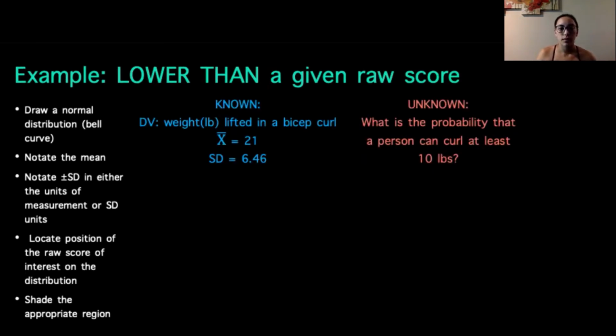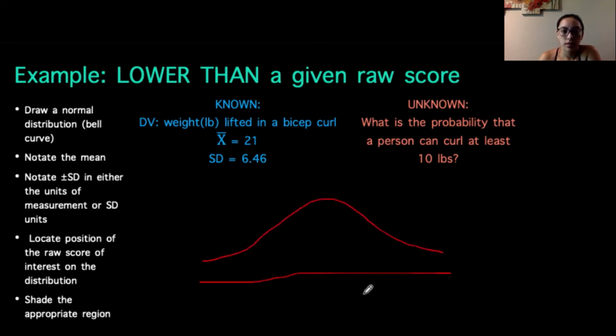For our example of values that exist below or lower than a given raw score, let me get a pen, and we'll do red. That's cool. Okay. So the first thing is to draw a normal distribution, and please excuse if this is messy, but I'll try my best.